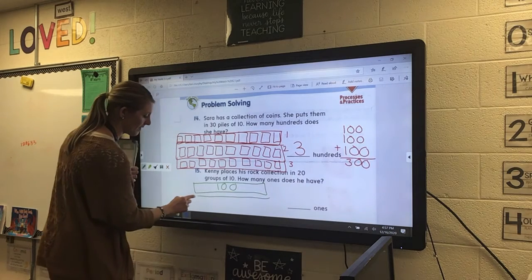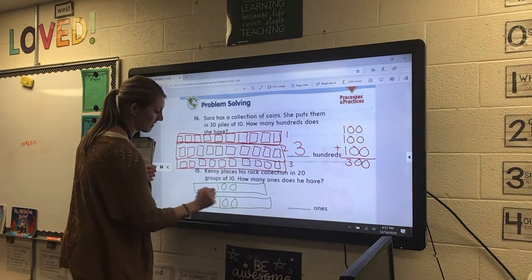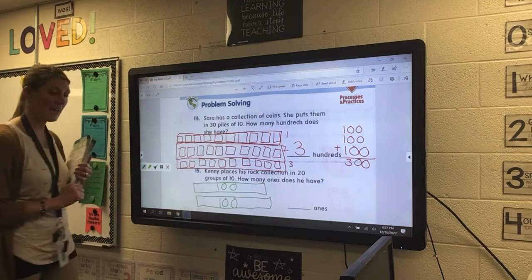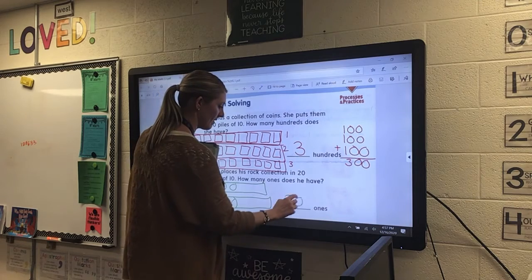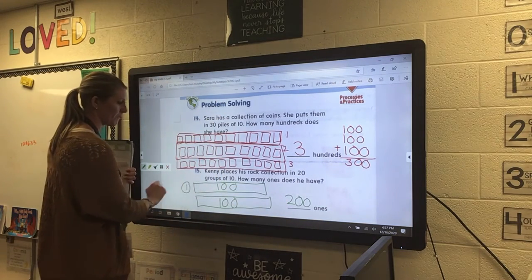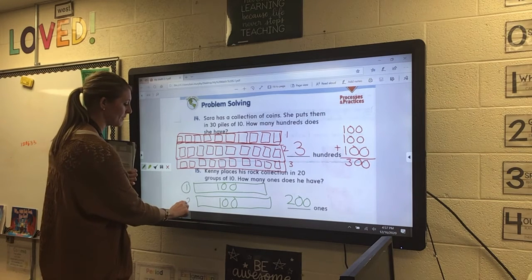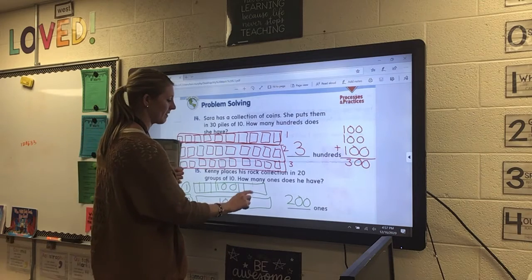And if I have another group of 10, that would be another 100. So then I should have 200 ones. Because this would be 100 and 100 is 200. And this is the first group. And this is the second group. And each group has 10 of them in there.